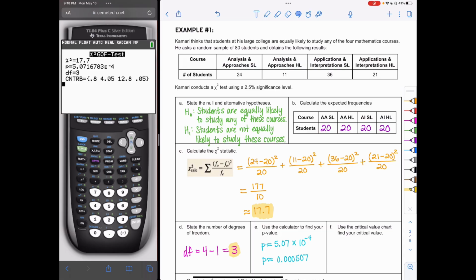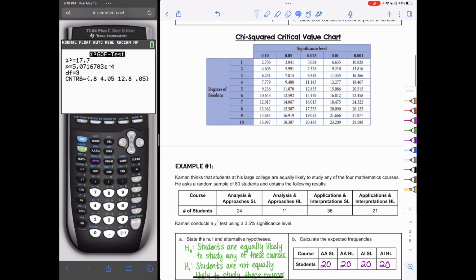So now that I have my p-value, I want to use my critical value chart to find my critical value. Remember, in order to use your critical value chart, all you do is take your significance level and line it up with the degrees of freedom, and then you look at where they intersect, and that is your critical value. We already know that we have a 2.5% significance level.